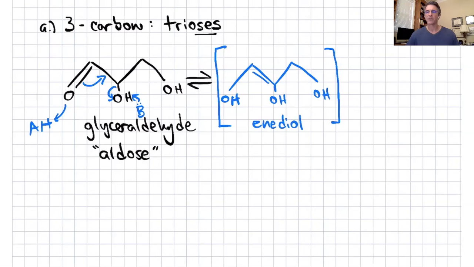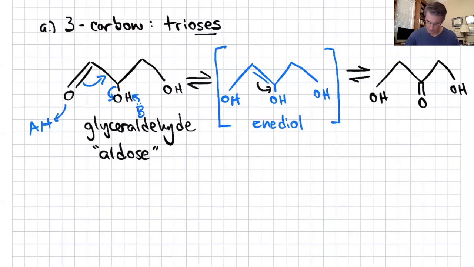Okay, but we don't have to stop there, right? We can continue this process, and this carbonyl group can migrate on over to generate the ketone version of this molecule, which for this simple triose is known as dihydroxyacetone, or DHA, right?